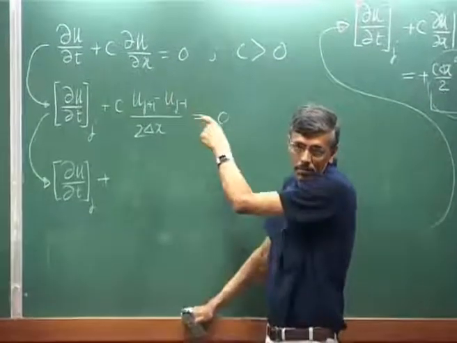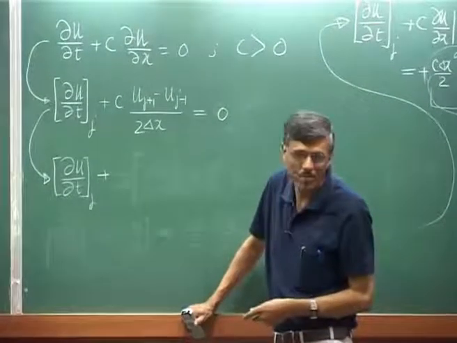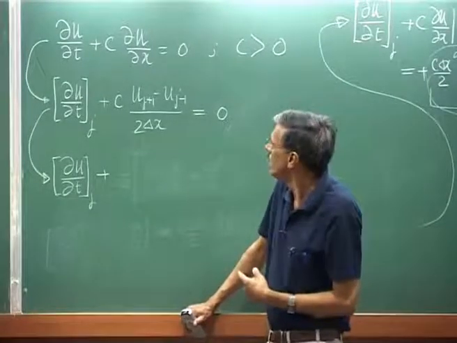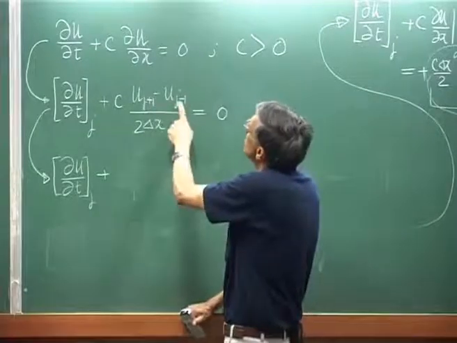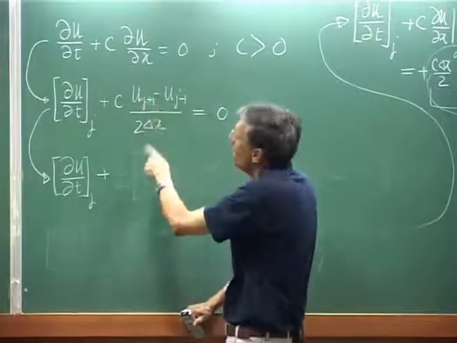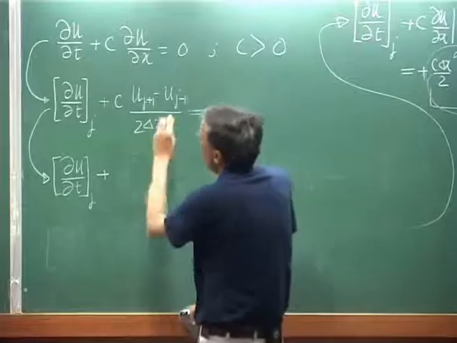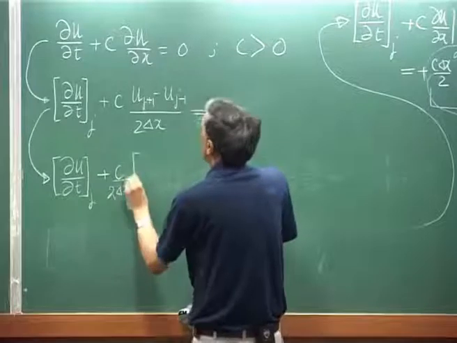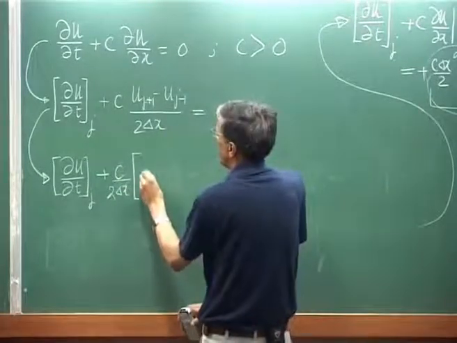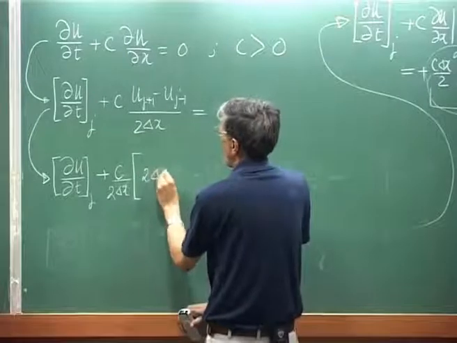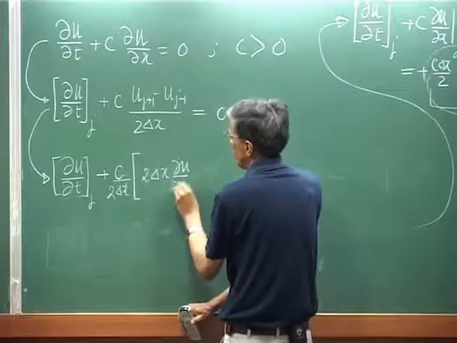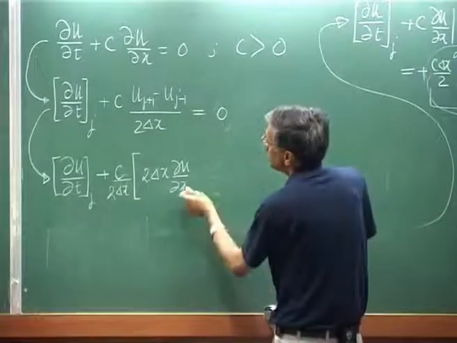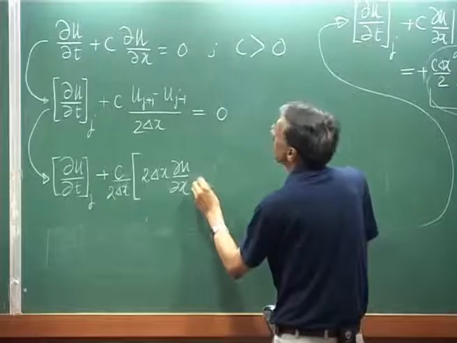The odd derivatives would disappear, right. So, uj will go away, the first and third derivatives will remain. So, I will get this, C by 2 delta x, uj goes away. So, I will get 2 times this, and the second derivative goes away, and I will get what?